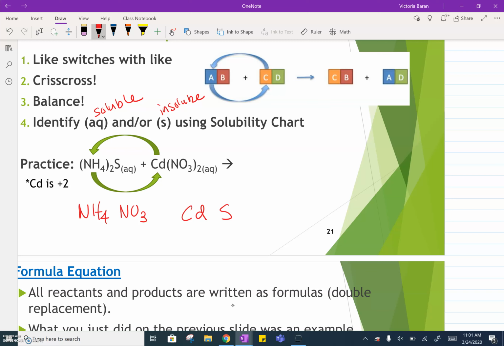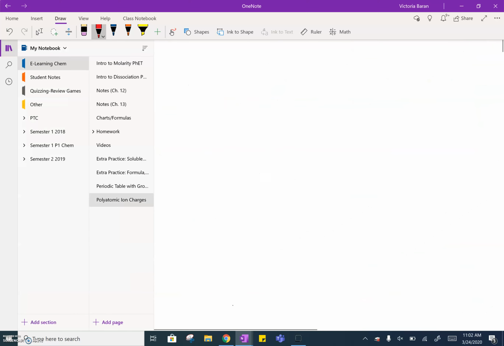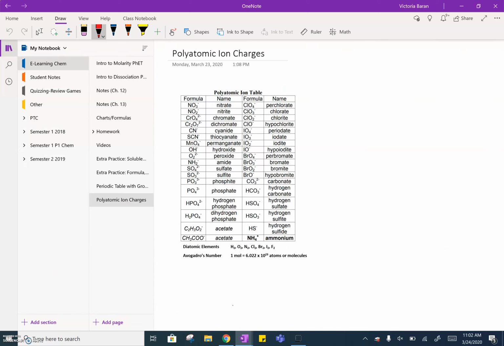Now, the second step is to write the charges, okay? So again, with the polyatomic ions, you will find the polyatomic ion charges on the back of your periodic table. Again, I have the snippet here in your OneNote. So I have NO3, which has a charge of -1. And then I have ammonium, which has a charge of +1.